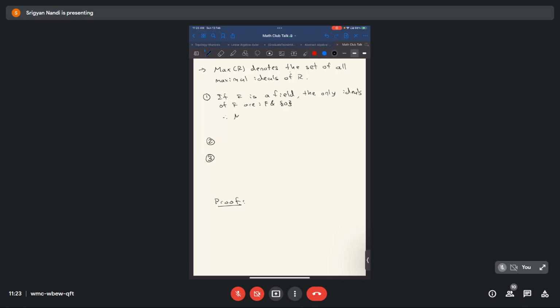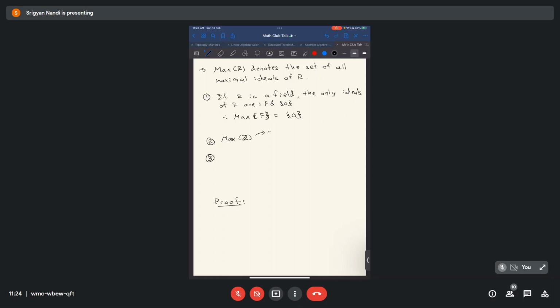So that makes the maximal ideal of F to be the 0 ideal, since it has to be an ideal that is properly contained in F and that eliminates F from the list. And so the only ideal that remains is the 0 ideal. So for any field there is only one maximal ideal, and that maximal ideal is the 0 ideal. Now let's make it a bit more interesting. Let's try to find the maximal ideals of the ring Z.